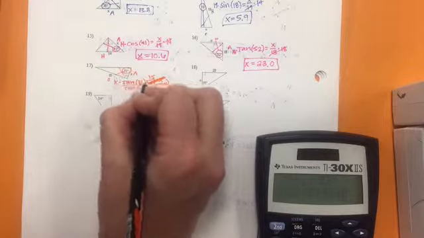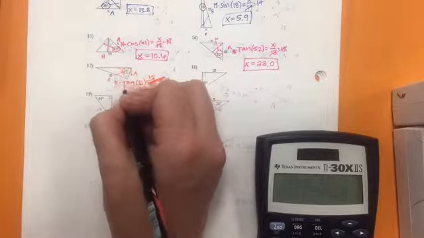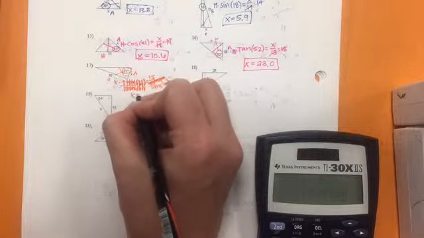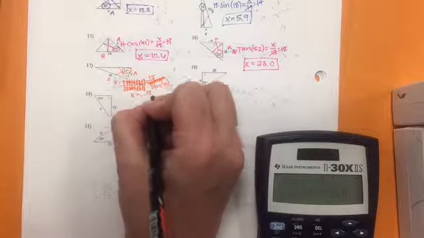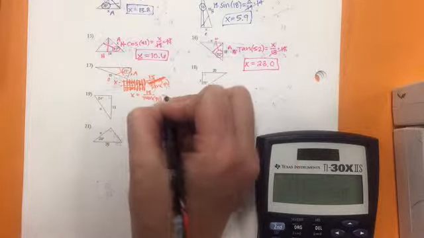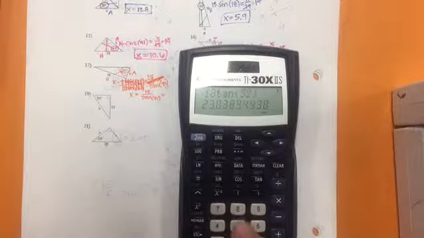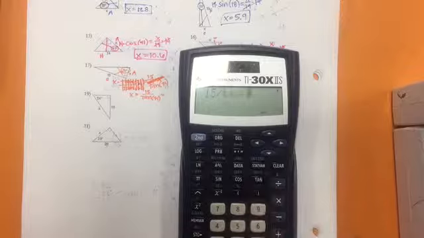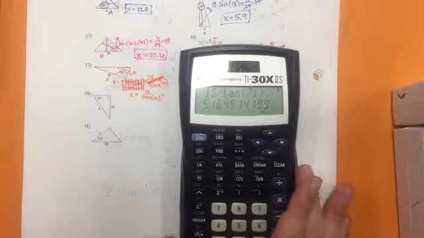Because I have a multiply and a divide by, the tangents will cancel out on this side, and I'll be left with X equals 15 over tangent of 71. When I enter 15 divided by tangent of 71 into my calculator, it equals 5.2.